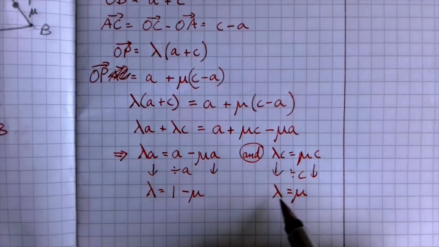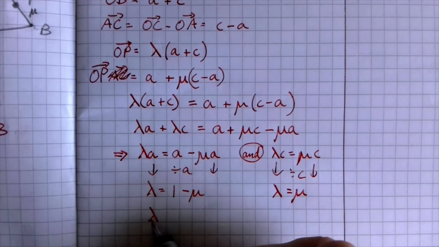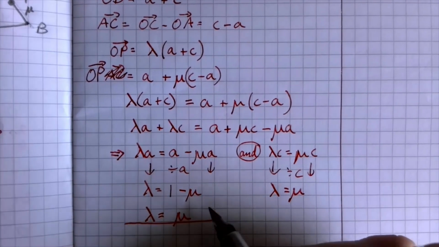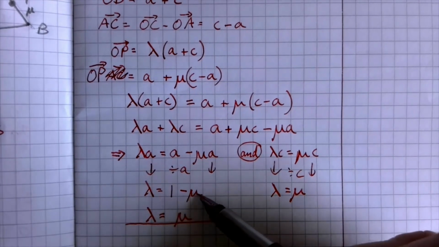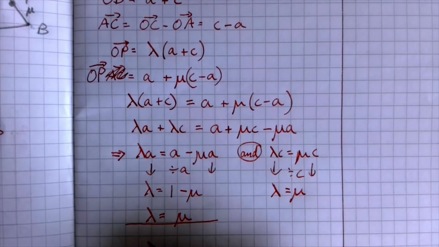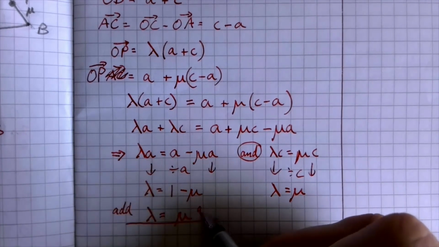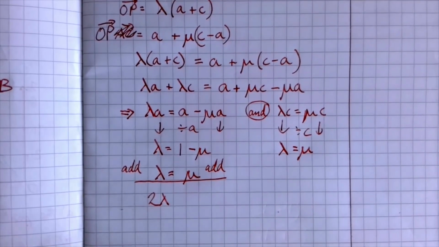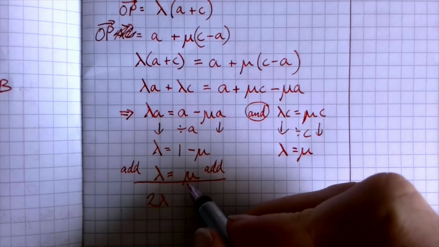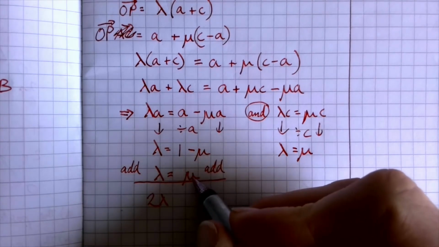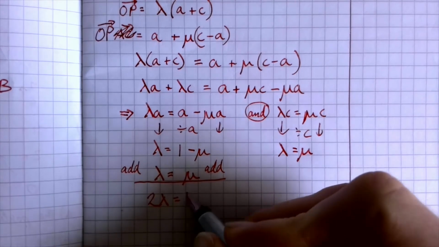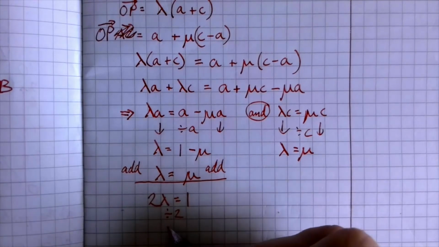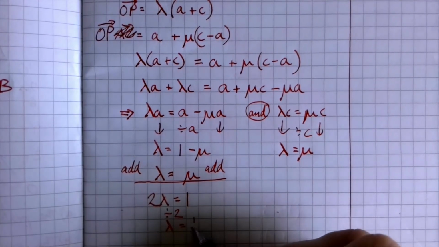So if I write this one underneath here, you could also rearrange them and put them in your graphical calculator if you could remember how you're going to do that. But it's quicker actually just to say I've got negative mu there, so if I add the two equations together, I get 2 lambda there, and negative mu plus mu is 0, so I just get the 1 that was there left, and then I can solve that by dividing by 2, and I get my lambda equaling a half.